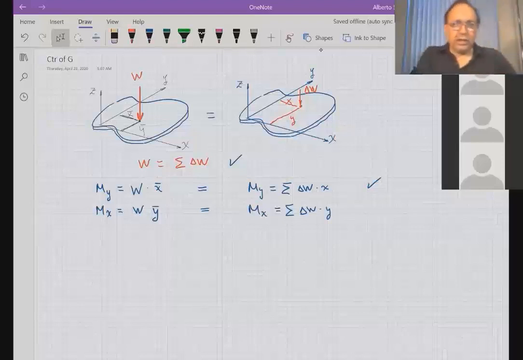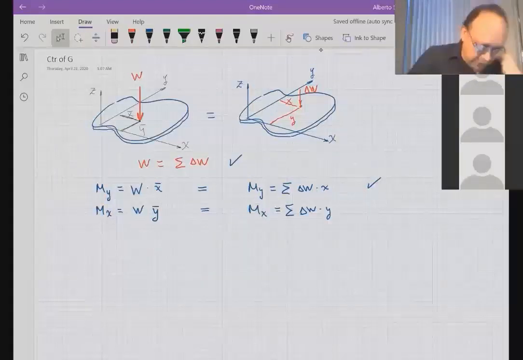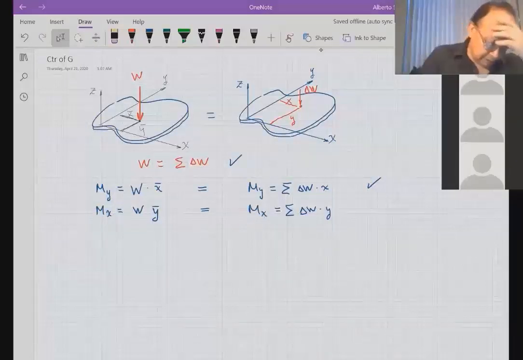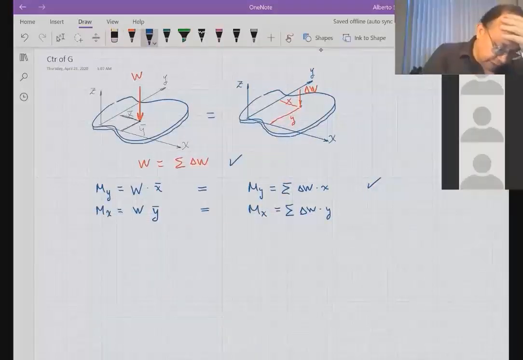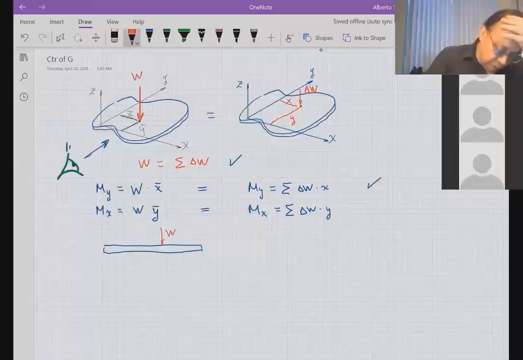We have been talking all the time about the moment of a force with respect to a point. This is what we are doing here, moment of a force with respect to a point. The thing is we are looking at this in 3D, but if you look at it in 2D, like we have been looking at moments during the past lectures, if you look at this plate from this side, let's say that you have here your point of view, you will see this will be your W, and this will be your y-axis.